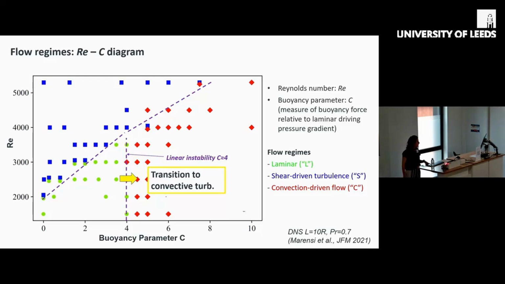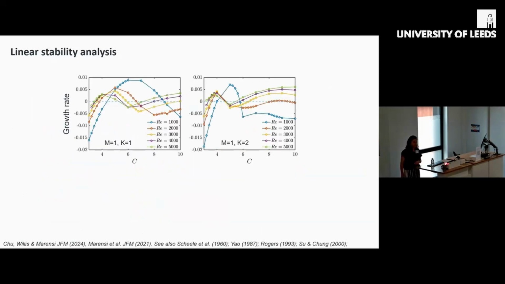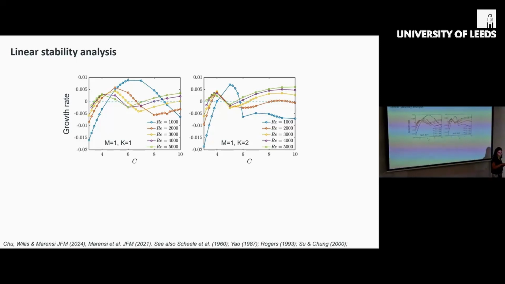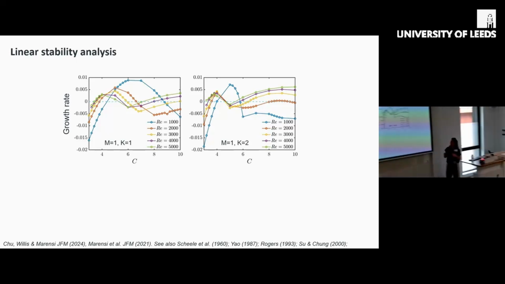So first we revisited the linear instability. We found that the most unstable mode is always of azimuthal wave number n equal 1, and it can have streamwise wave number k equal 1 or 2.